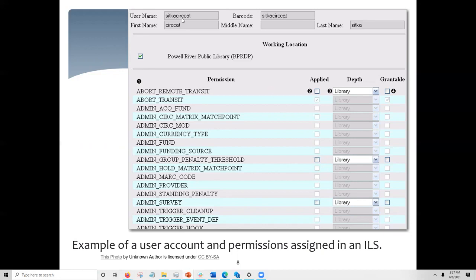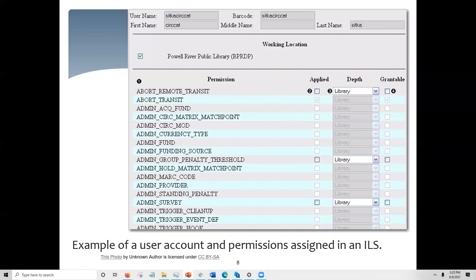In this case, our user account is Sitka CertCat. So there's our username. That's kind of who we are in this particular ILS. There's some other information there to say a little bit more about us. And then here we have all these permissions, and if they're applied, they're allowed, and if they're not applied, then we don't get those permissions.